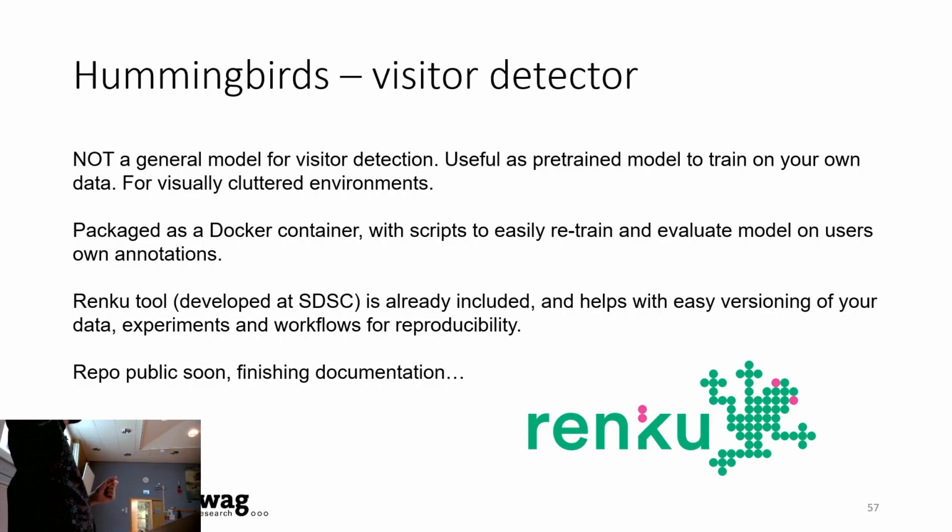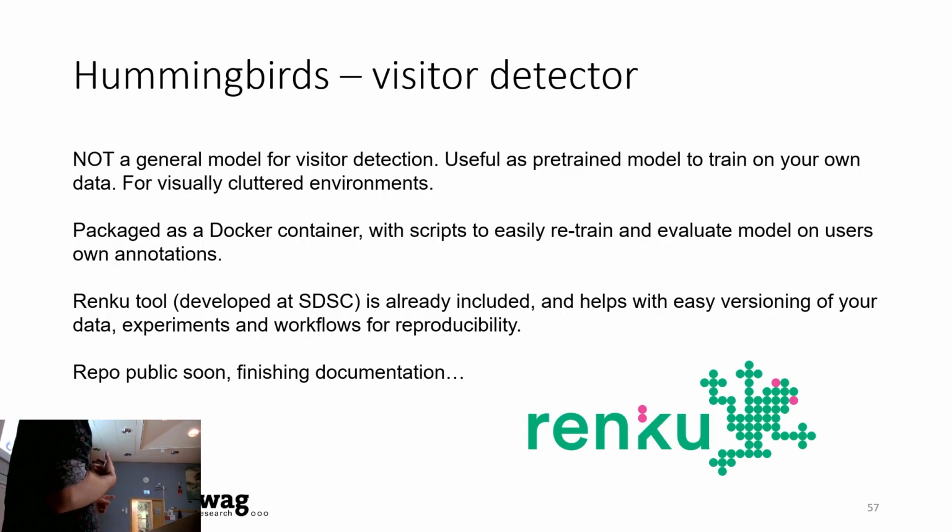You can choose something that is completely overfit on hummingbirds, or something that is just starting to understand how to detect visitors in this kind of environment, and then train from that checkpoint on your specific data set. We package it again as a Docker container, and you can easily retrain it in a modular way like we showed you for the macros of Ventos.